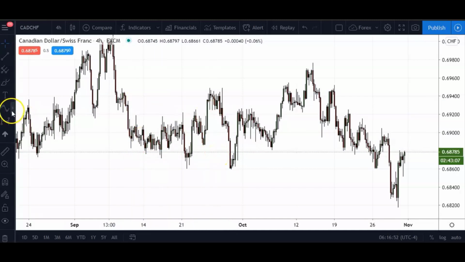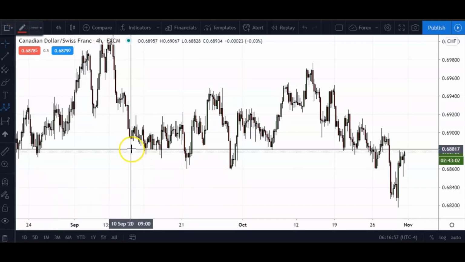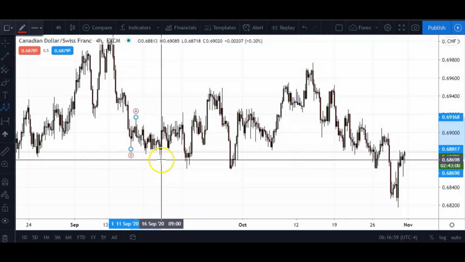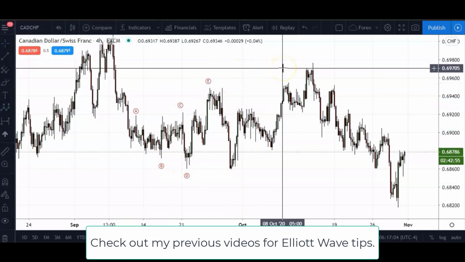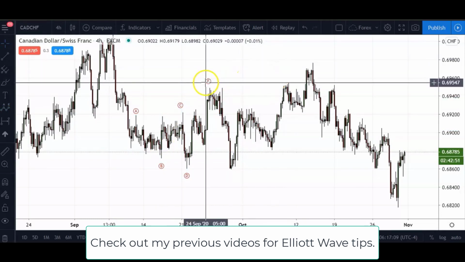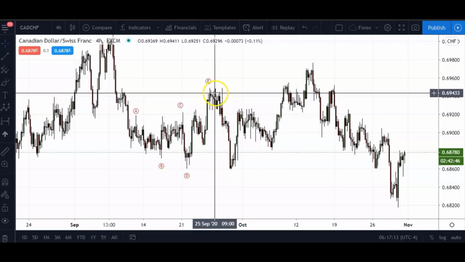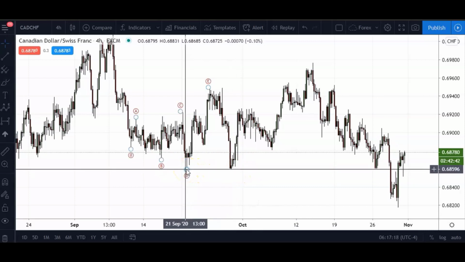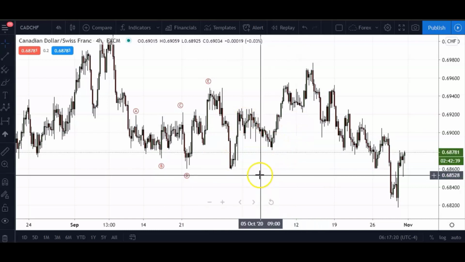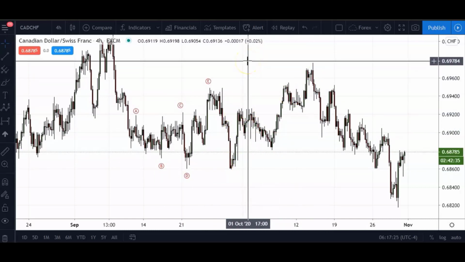Just like your symmetrical triangles, you will find that they are labeled as A, B, C, D's and E's, so 5 waves to complete an expanding triangle. And as I mentioned before, we took a trade over here. I won't go into that in too much detail, but we wrote it down. Price just pipped that previous low here on the 21st of September and then reversed to the upside, which made me think that perhaps this triangle did not end at all.